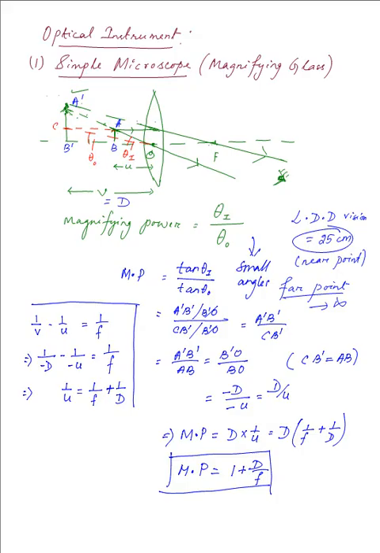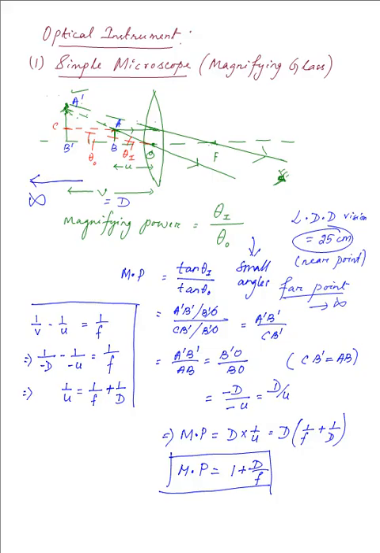Consider the case where you wish to see an object to the farthest point that you can. In that case, you need to have the image at infinity. Now, this image can extend up to infinity and you can view them distinctly.